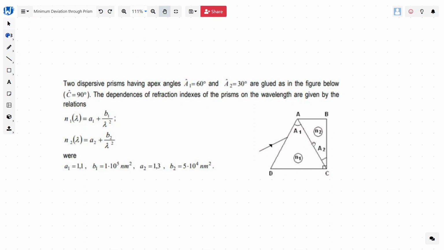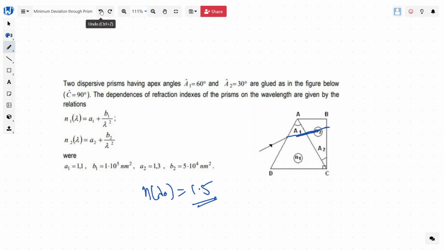We calculated the lambda for which the ray of light passes straight after deviation from the first prism, so there is no deviation, which means the refractive index N1 is equal to N2. By doing that we found that the refractive index N at lambda naught was 1.5. If you missed this, go back to our last video where we proved that.